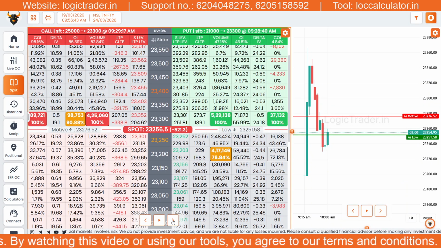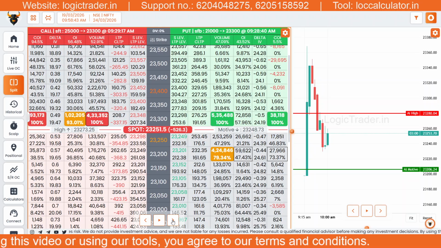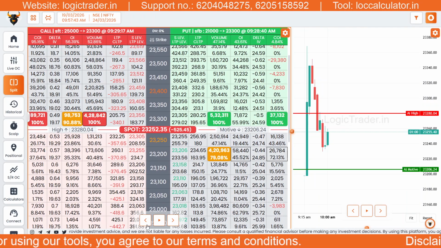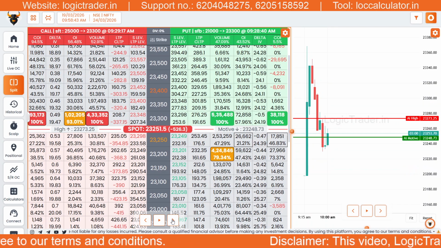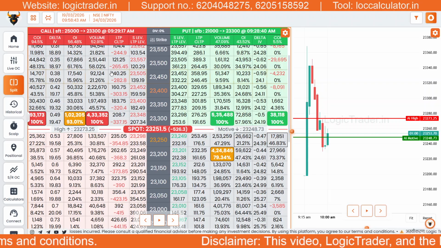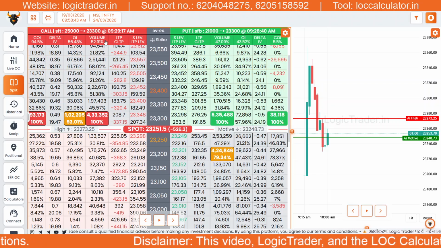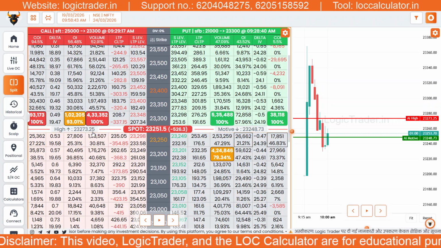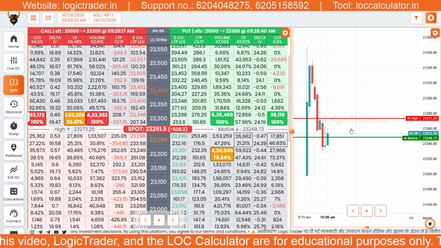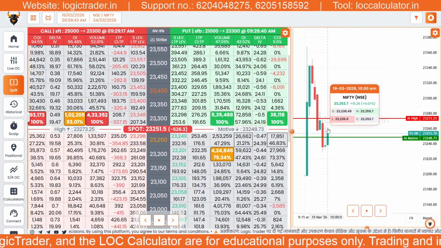As we can see, around 9:58 a.m. the call side was continuously showing high, indicating a bearish structure.